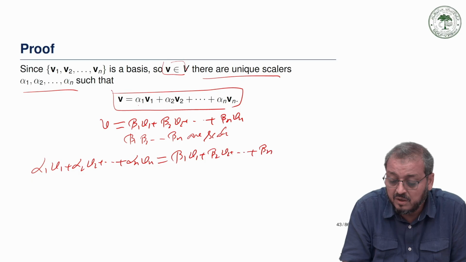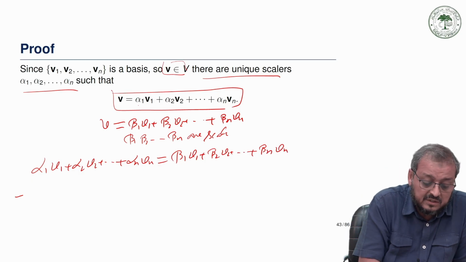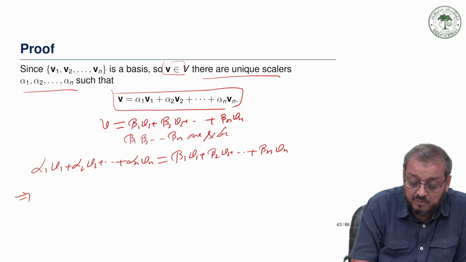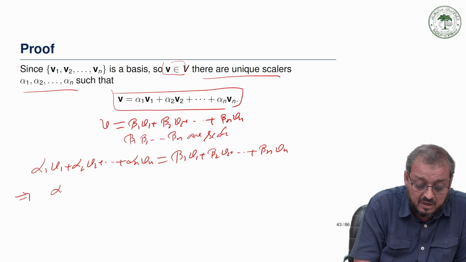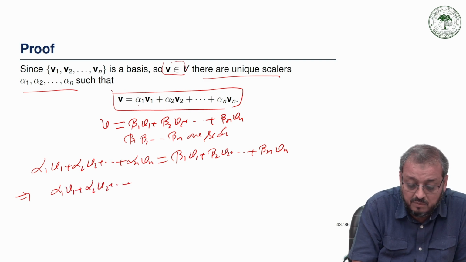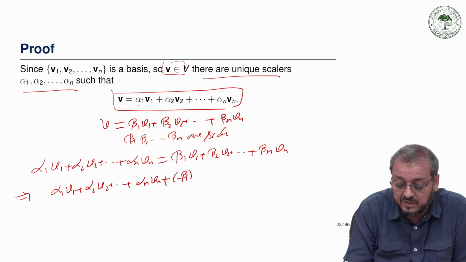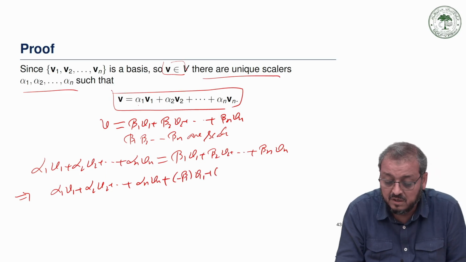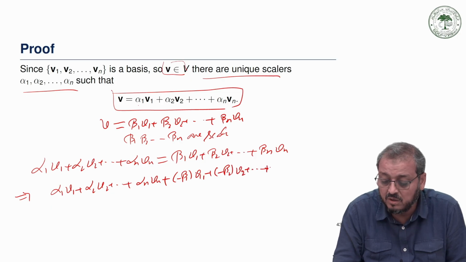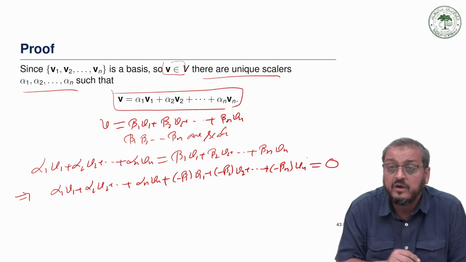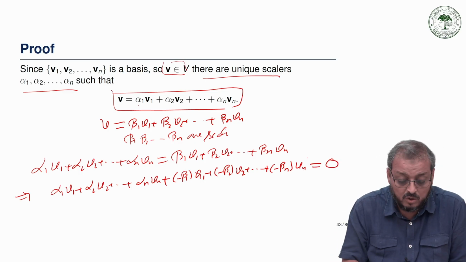We have beta n Vn, and this can be written as alpha 1 V1 plus alpha 2 V2 and so on, plus alpha n Vn, minus beta 1 V1 minus beta 2 V2 and so on, minus beta n Vn, is equal to the zero vector.